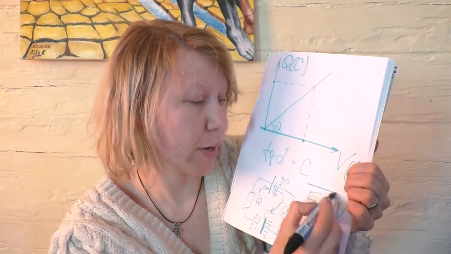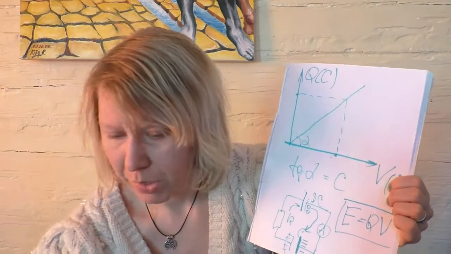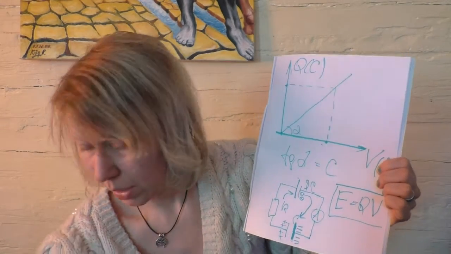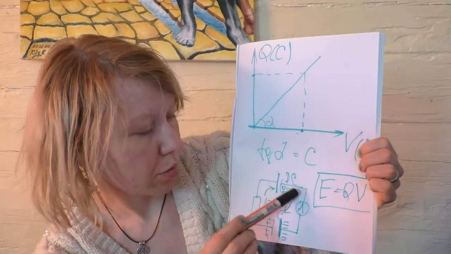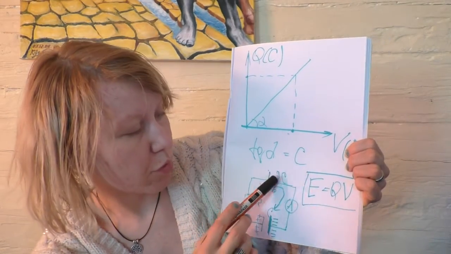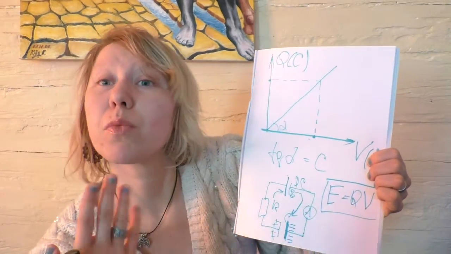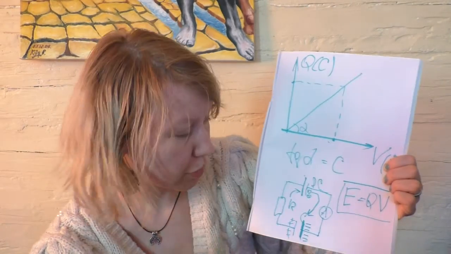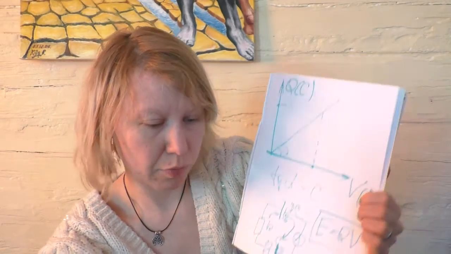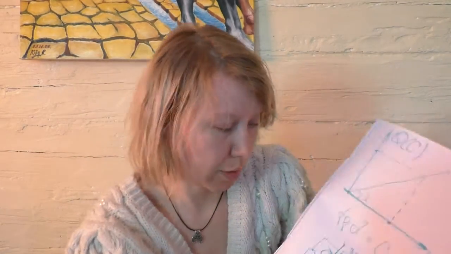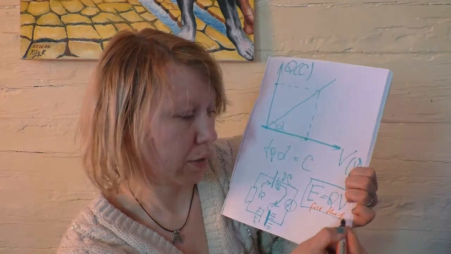This equation works when we have, for example, just one electron that we need to transfer from the direct current power supply to the capacitor, or from one place to another. This formula works okay for one electron.